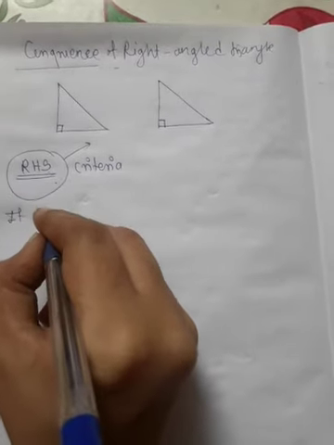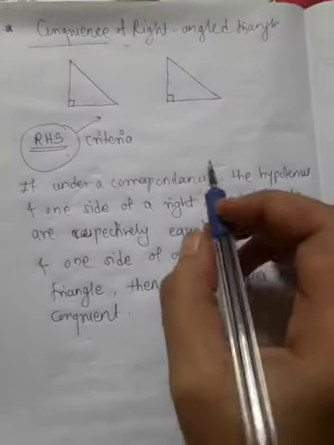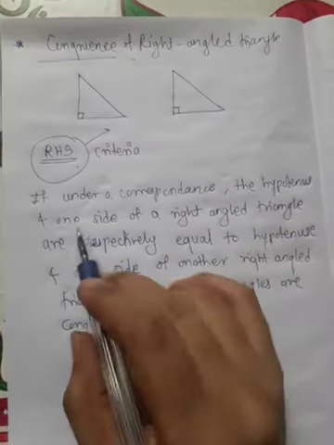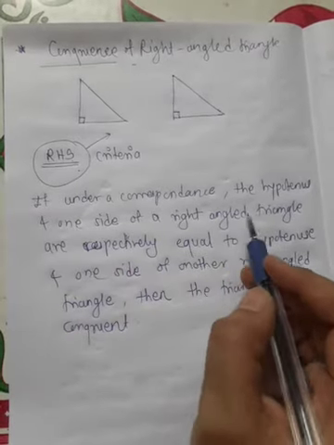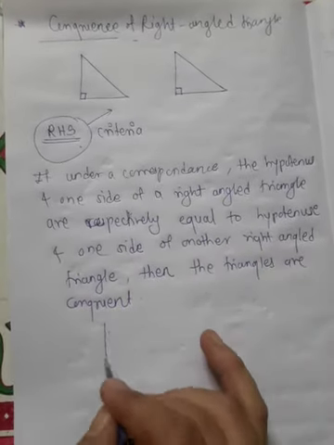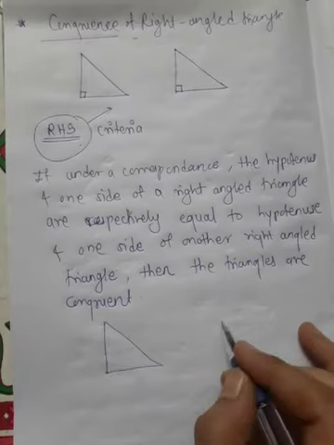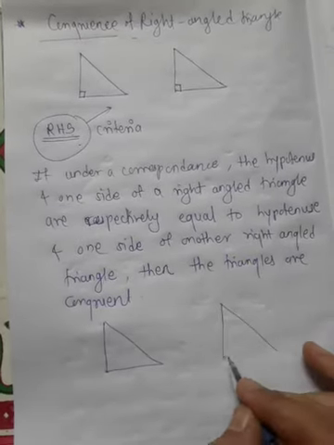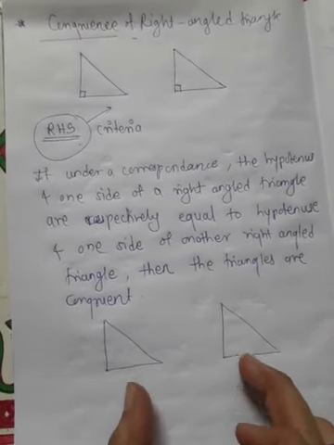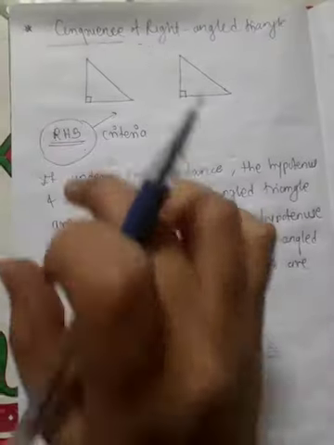If under a correspondence the hypotenuse and one side of a right angle triangle, means if we have been given two right angle triangles, then we say these two right angle triangles are congruent by this criteria.